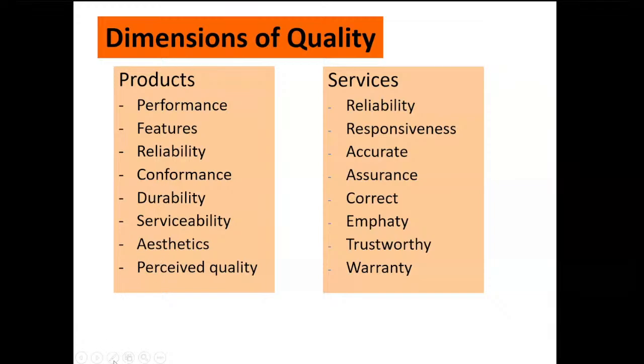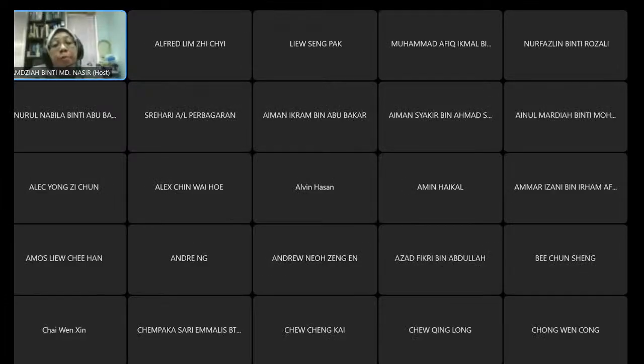So basically, if we look at, let's say, warranty, then it is based on durability or serviceability. Or if we already confirm everything, we want aesthetic value, okay? Or we want a perceived quality. So basically, all these are the dimensions of quality.